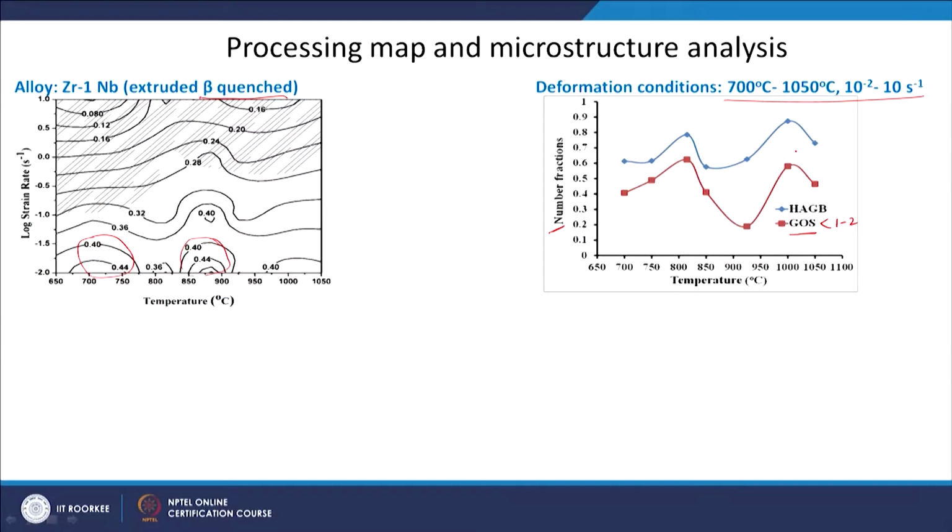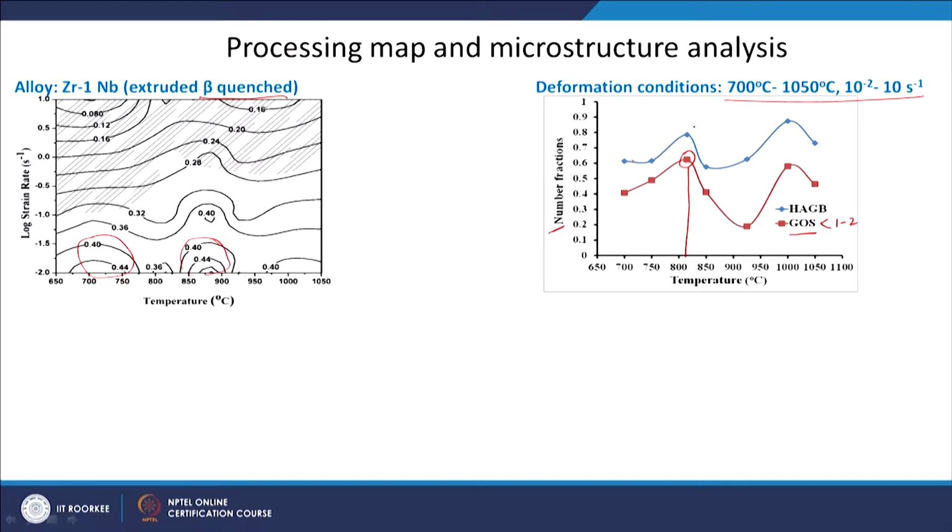So, what I am seeing from grain orientation spread here is the highest value at a temperature of around 815 degrees Celsius, and then it comes down, and again there is some high value at 1000 degrees Celsius. Similarly for the high angle grain boundary fraction. In dynamic recrystallization, I can expect that the fraction of high angle grain boundary will be more.